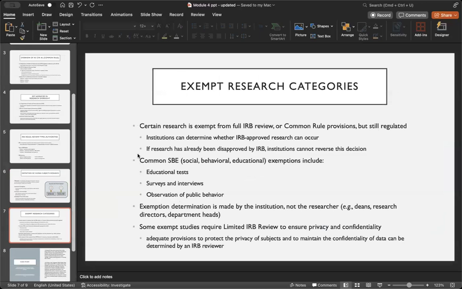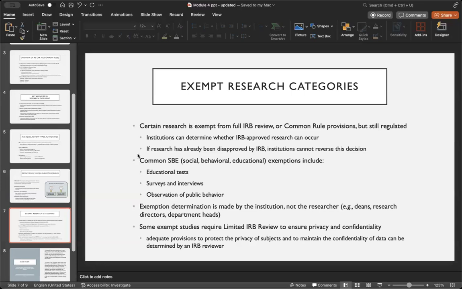And then, lastly, certain types of research are considered exempt from full IRB review or some provisions of the Common Rule, but they are still regulated. So, common exemptions in SBE research include educational tests, surveys, interviews, and observations of public behavior, to name a few.